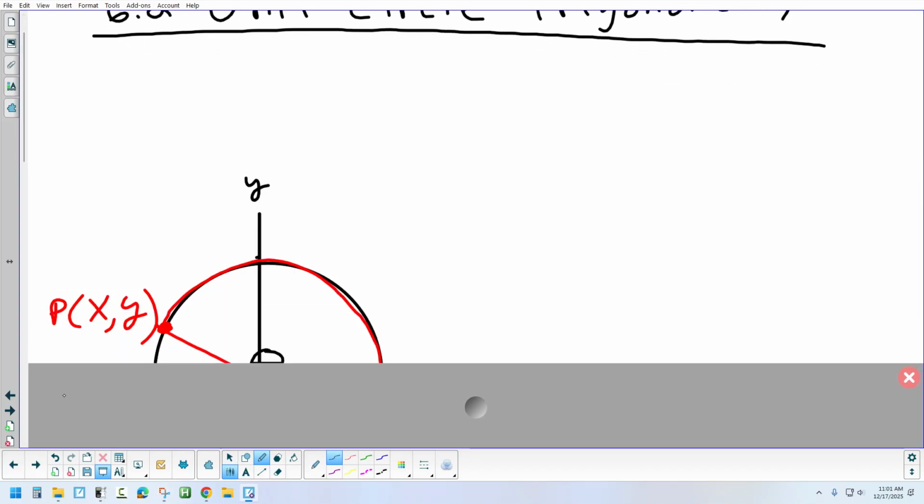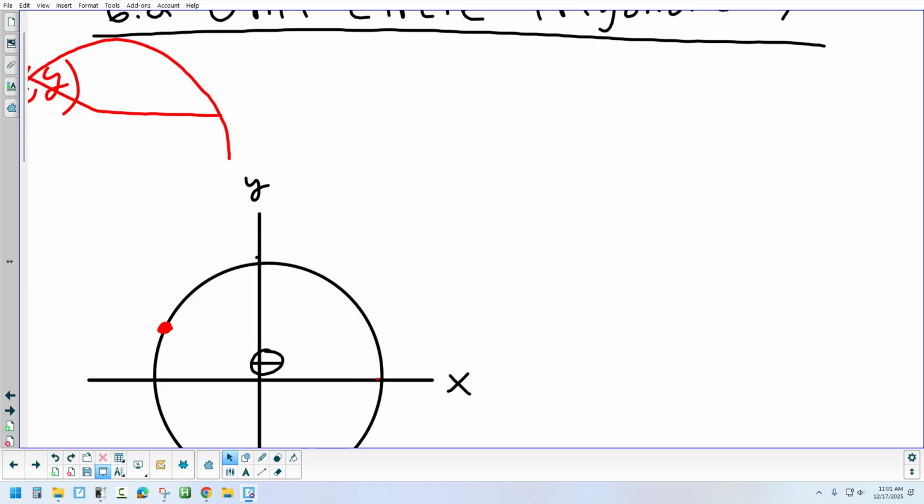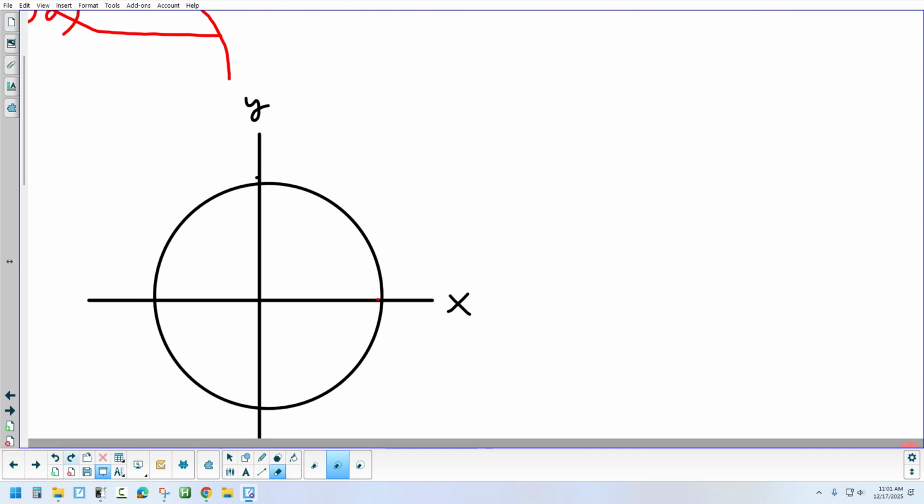All right. So let's take a look at this picture. Let's just move some of this out of the way. Okay, and what I've got here is a circle with an XY axis going through it. And I'm going to draw an angle inside that circle. I can draw any angle I want, but it's going to be in standard position.